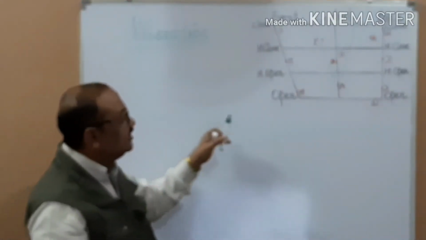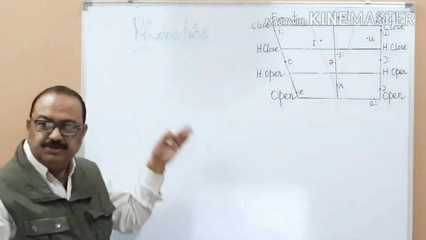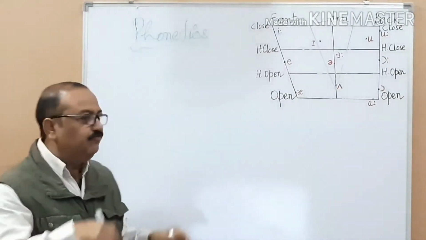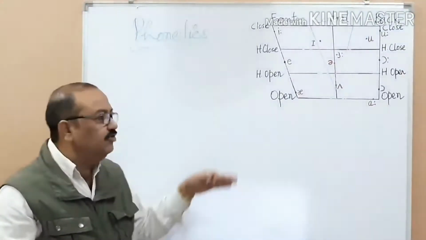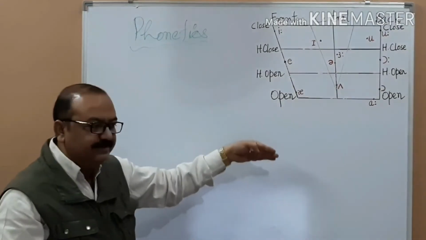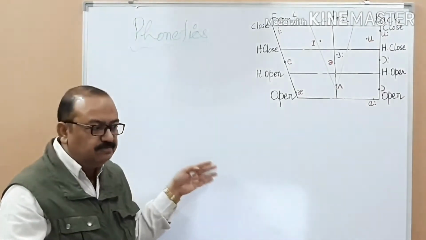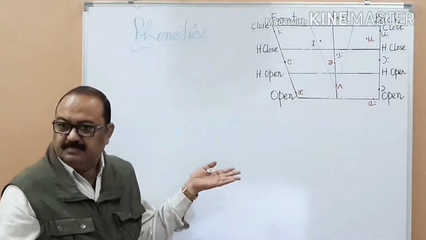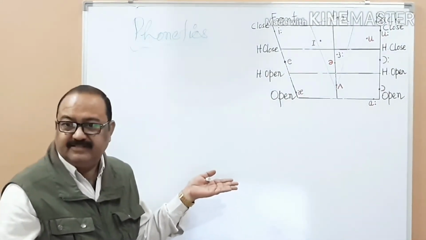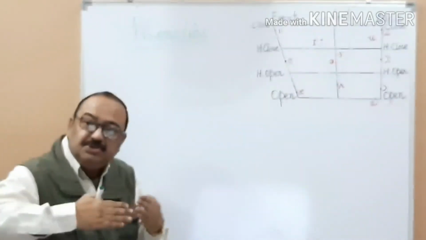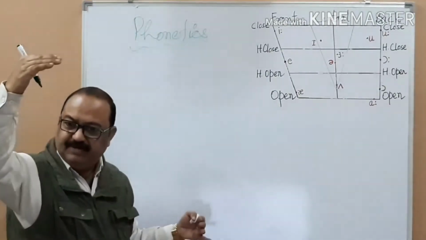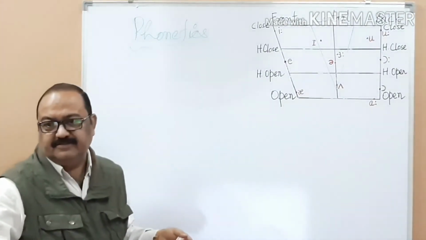If you know the symbols, if you know how to transcribe words correctly, if you know how to pronounce or spell, you get 100% marks. And if you don't know, then what happens? You score very poor marks. So there are two extremes. Either you get 80% marks or 40% marks.